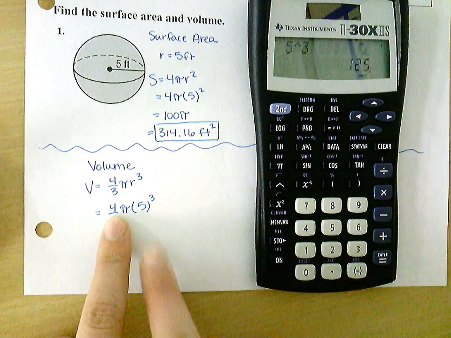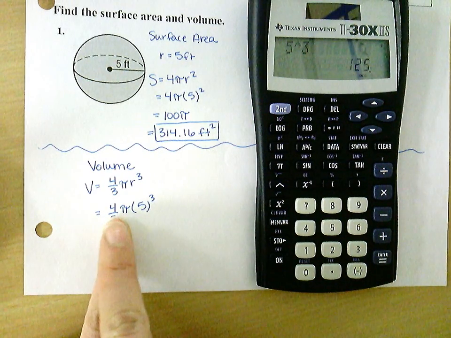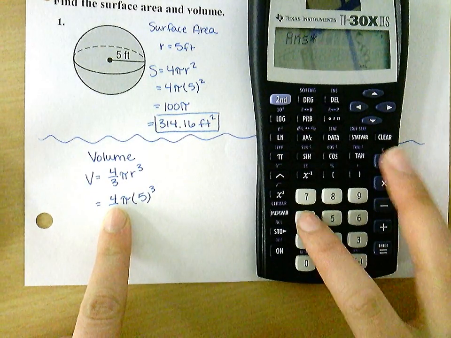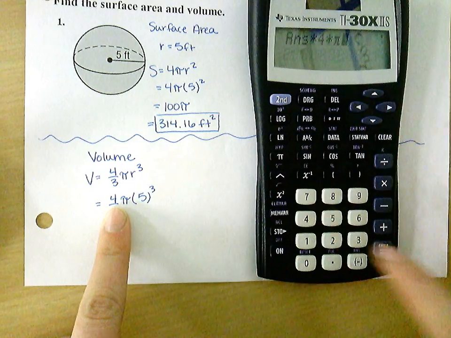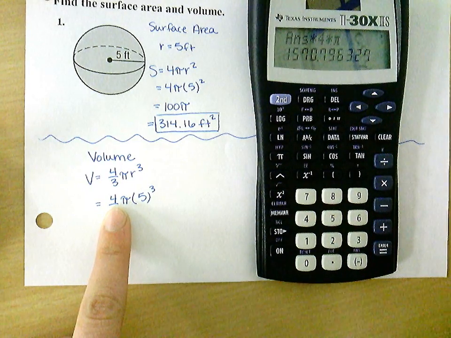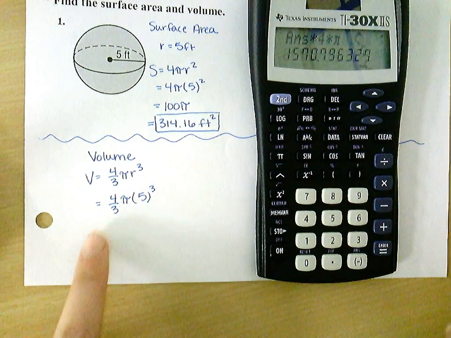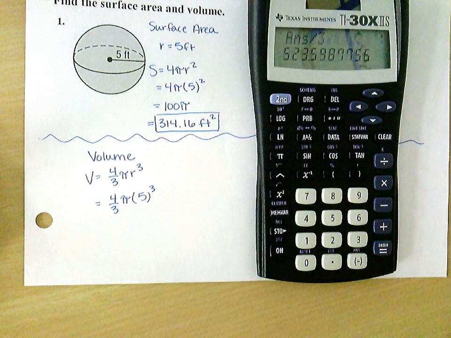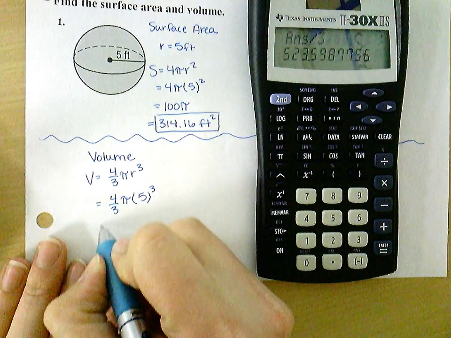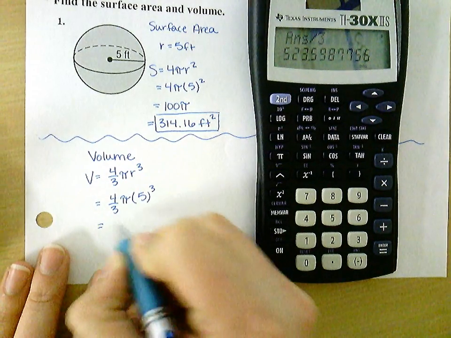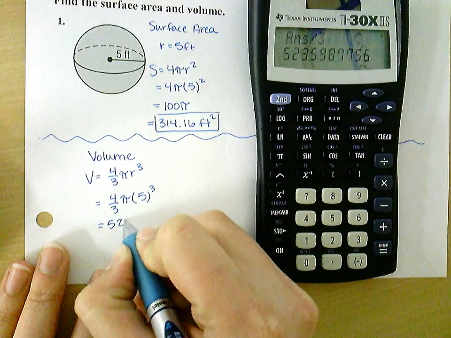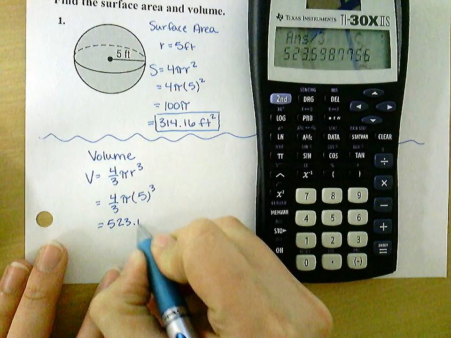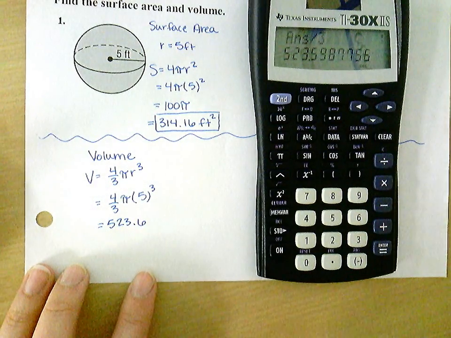Then I multiply that number by 4 and pi. Press equals, and then divide that number by 3. Our final answer here for volume would be 523.6.